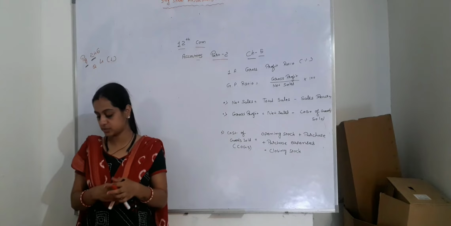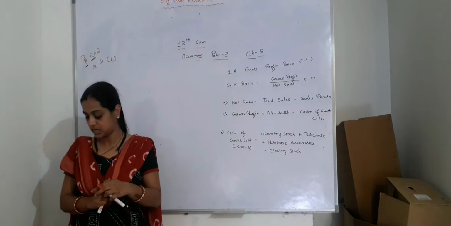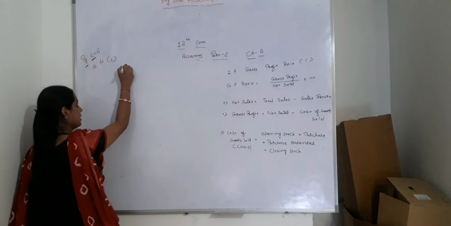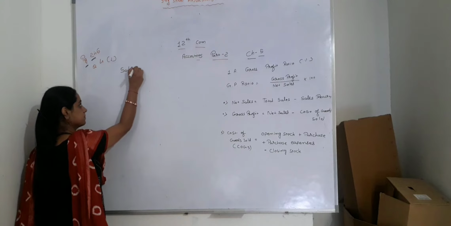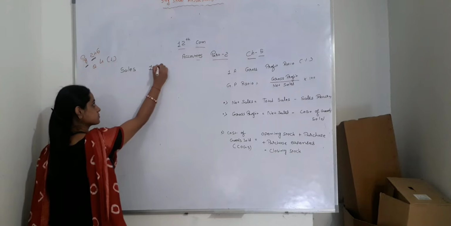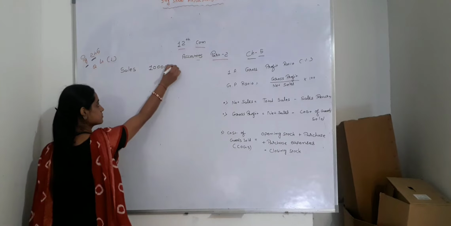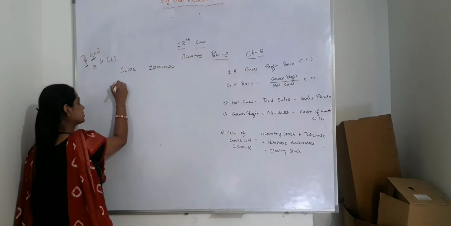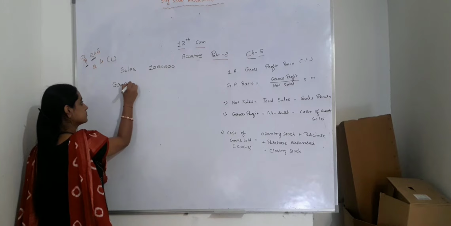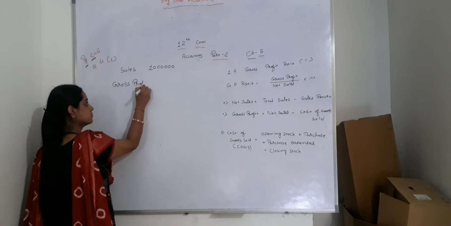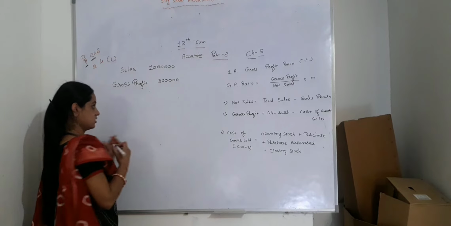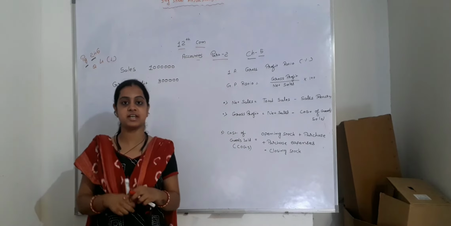Determine gross profit ratio. They have given sales of rupees 10 lakh and gross profit ₹3 lakh. They have given both gross profit and sales.